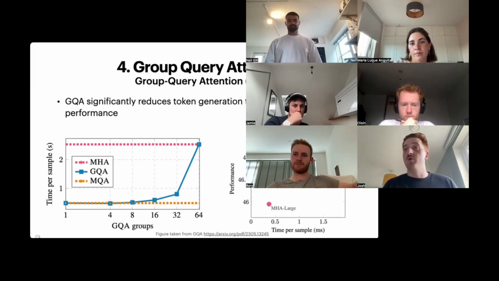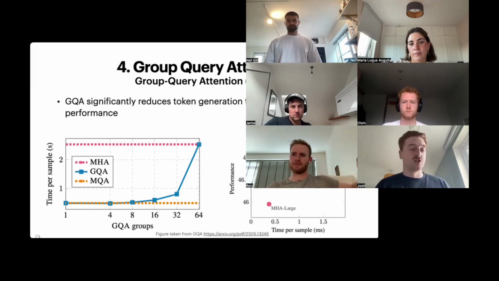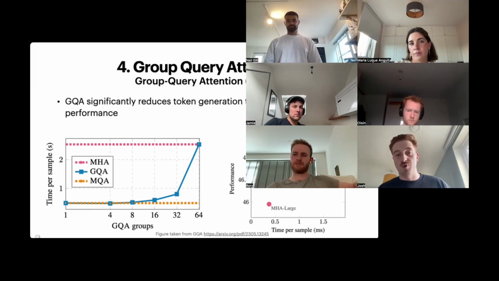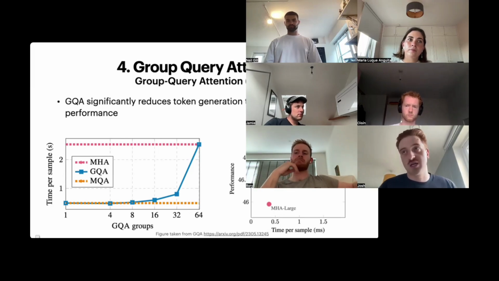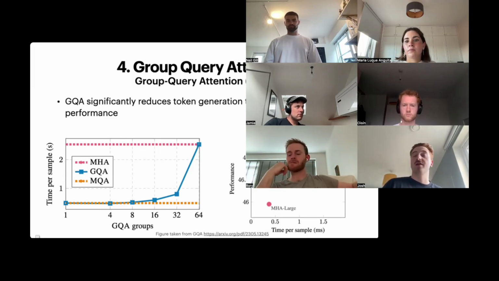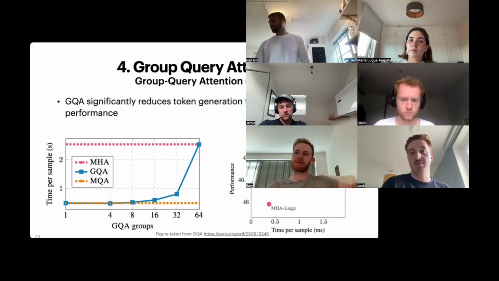GQA hits a really nice sweet spot of minimizing the time to generate a token. Your generations are very fast, and the memory footprint of loading all these key-value pairs into memory is much less, and you pretty much maintain the same performance. So I think GQA is widely used now in smaller LLMs because it's such a nice trade-off.